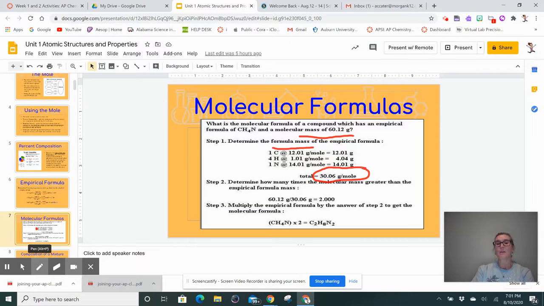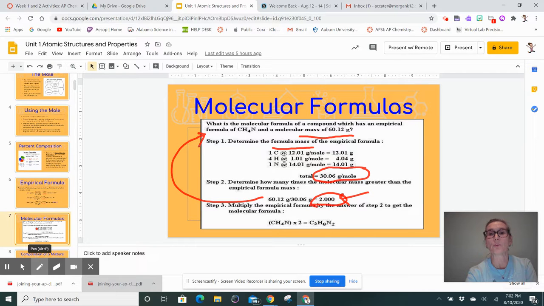Okay, so if I do that, I can see that my molecular mass is 60.12, but my empirical formula mass is 30.06. So that's twice the size. Okay, so 30.06 divided into 60.12 is 2. So all that I need to do is take that number and multiply it by my empirical formula.